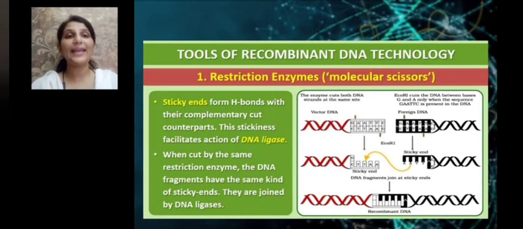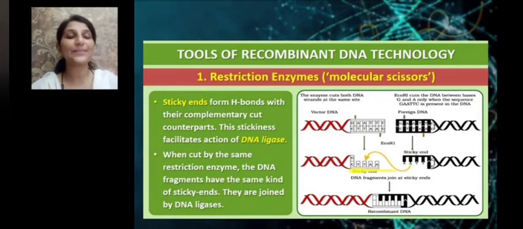So sticky ends, what do they do? They form hydrogen bonds with the complementary cut parts. This stickiness is facilitated by the action of the enzyme DNA ligase. We had studied DNA ligase in replication, in which the Okazaki fragments are stuck together with the help of a molecular glue called DNA ligase.